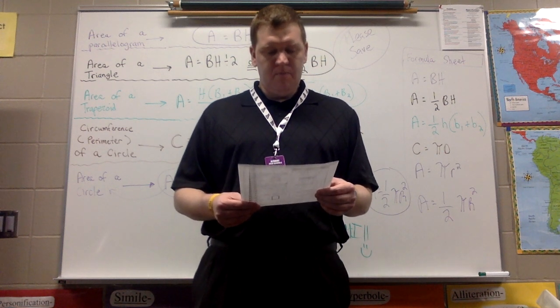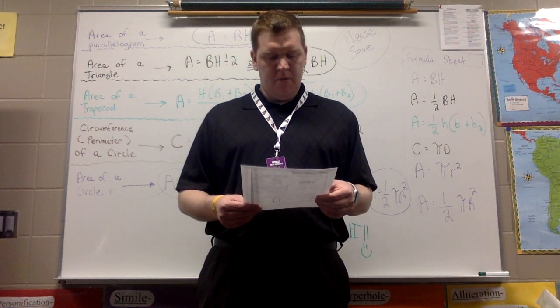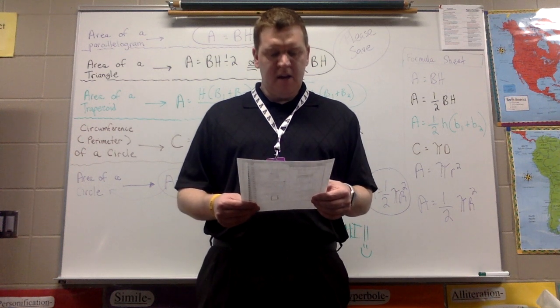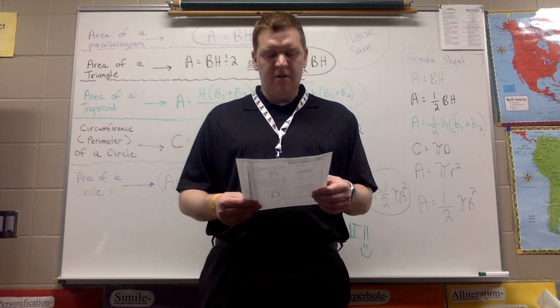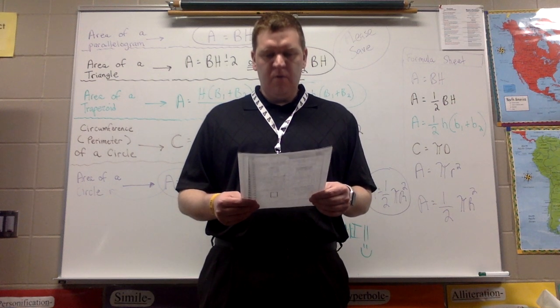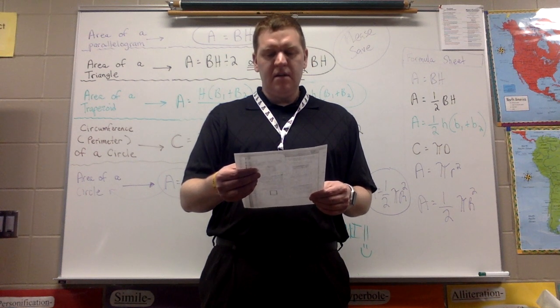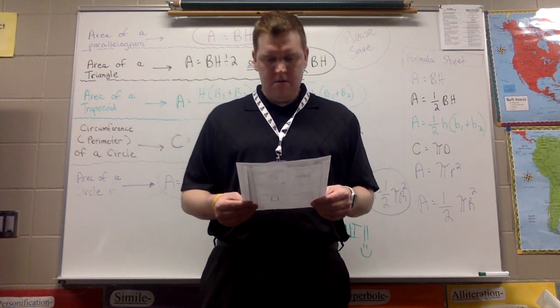For number 2, the answer should be 256. Number 3, the answer should be F, which means diameter is the same as 1/3 times C, or circumference. Number 4 should be B. C is the same as A minus 2B.